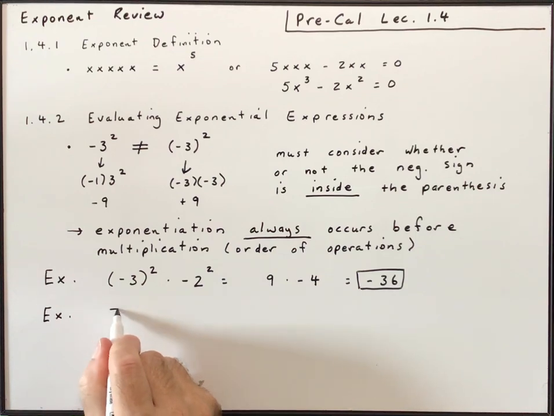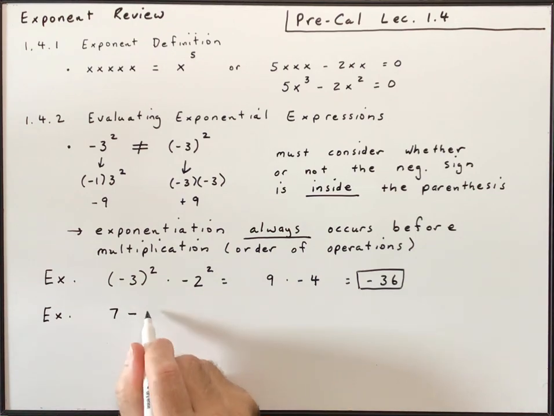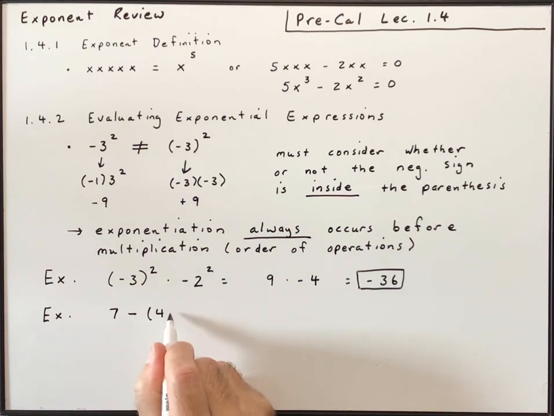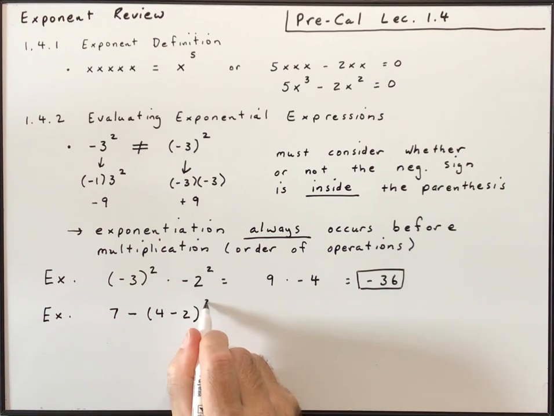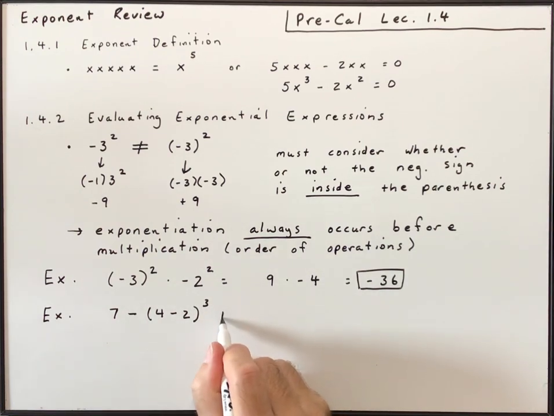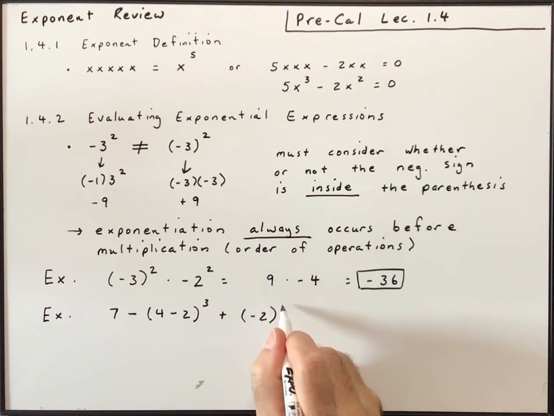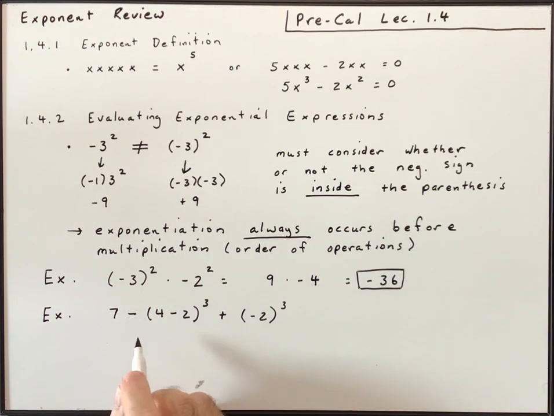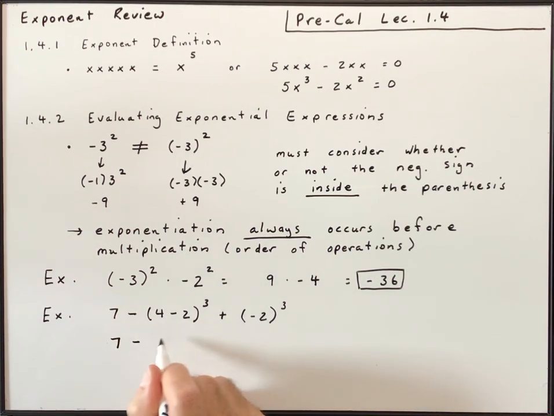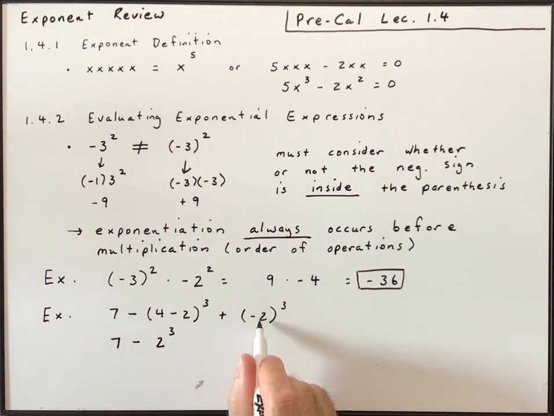All right, how about 7 minus the quantity 4 minus 2, all cubed, plus negative 2, all cubed. So we're going to work inside out. That's 7 minus 2 cubed, and then negative 2 times negative 2 times negative 2.